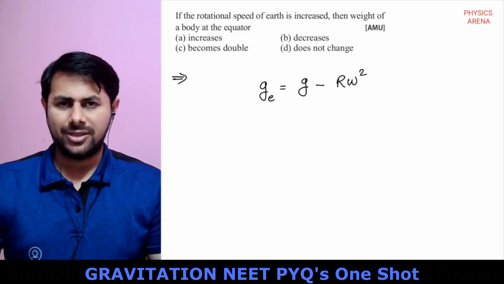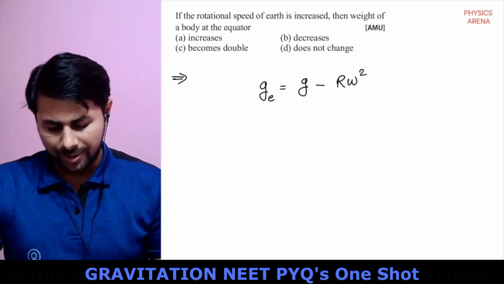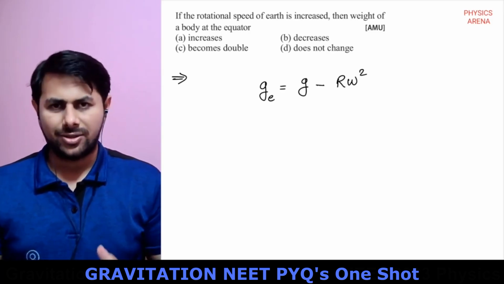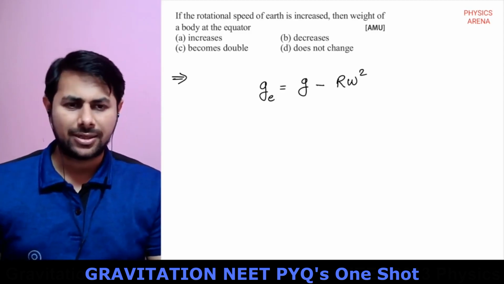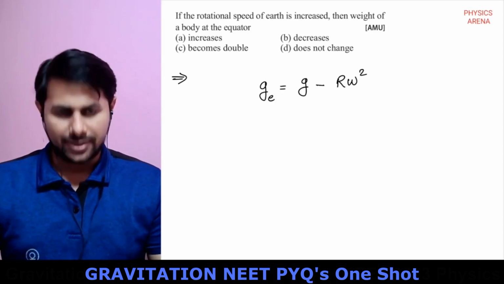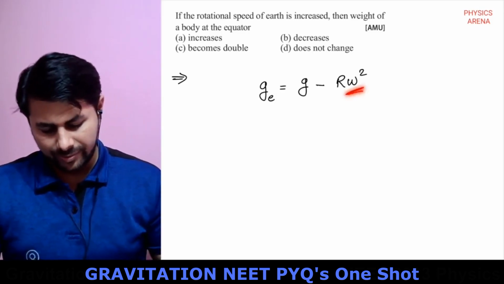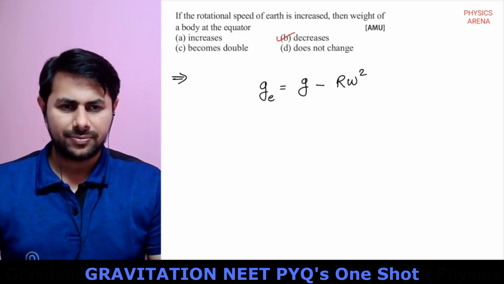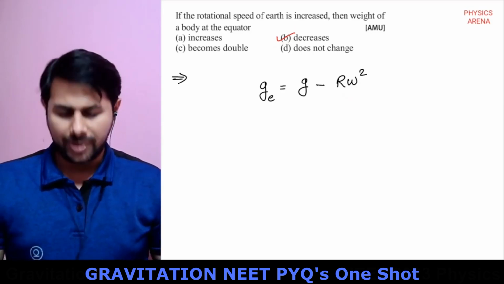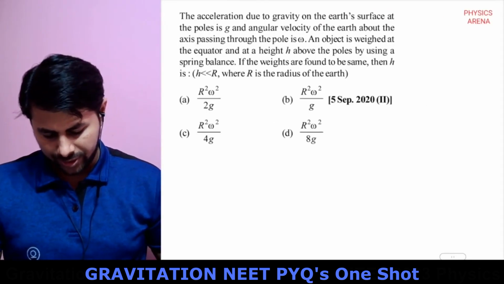If rotational speed is increased, what will happen to the weight? We know weight of an object is the gravitational force acting on the object, right? So if omega increases, then weight decreases. Good.